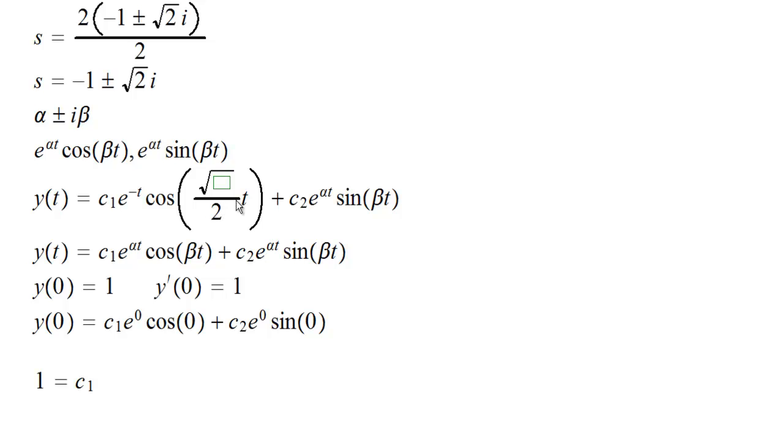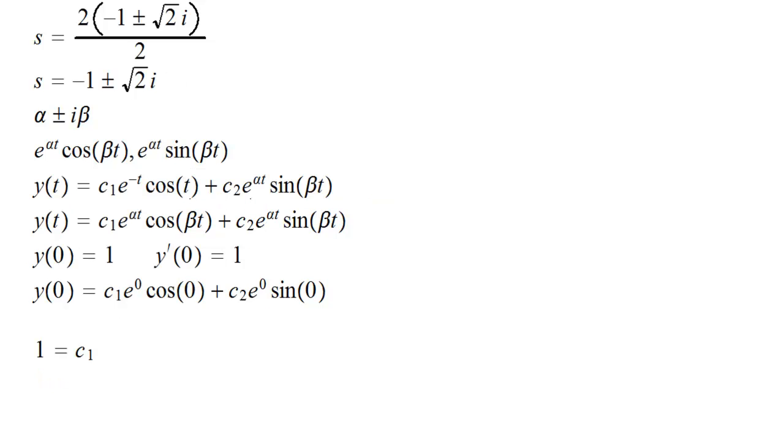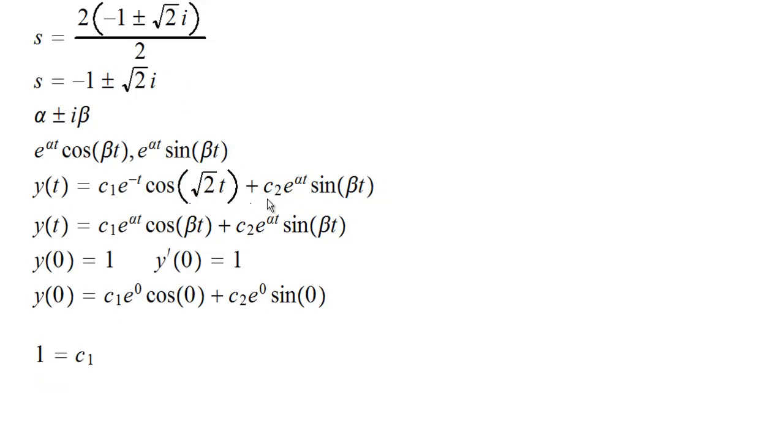So here simply square root of 2, okay, and then I have negative sign, and this becomes square root of 2 again, right? So our C1 is how much? 1, okay? And then we will do this.